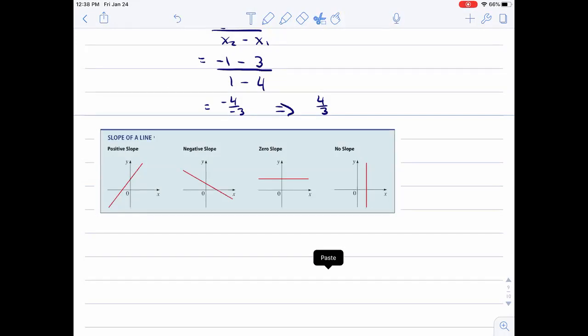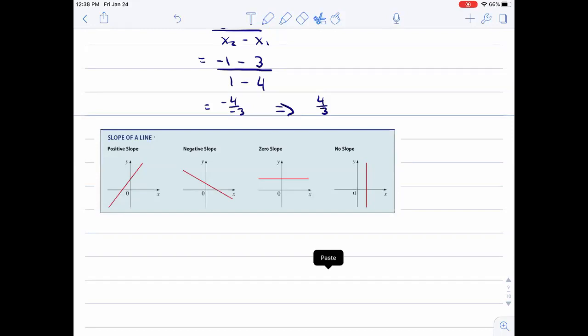If you've got a straight across horizontal line, there's no slope. You can argue that because if the slope is rise over run, but the rise is 0, you've got 0 over however much you want, it's always just going to be 0. And so here the slope is 0, 0 slope.